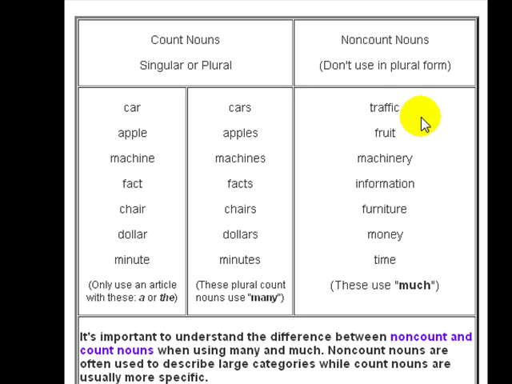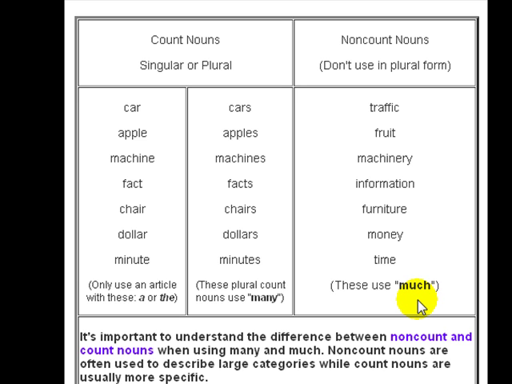Now, non-count nouns are ones that you can't count. It's a group of something. The word encompasses, meaning that it describes something that is not countable, but it is a condition. For example, traffic. Well, you can't count traffic. 1 traffic, 2 traffic, no. You would use the word much with that form.